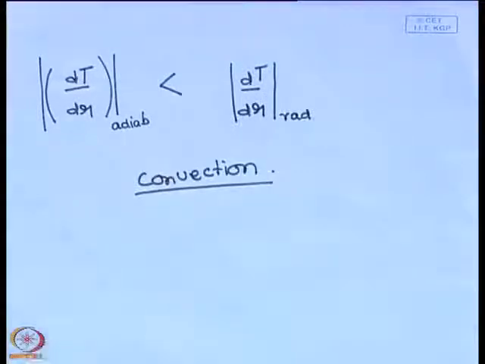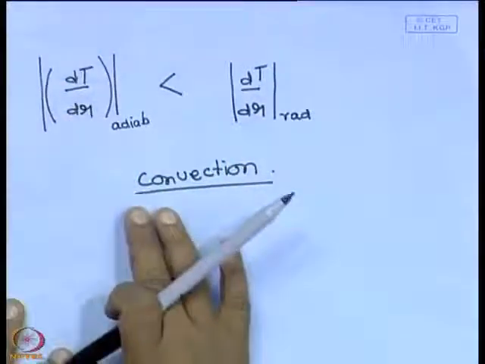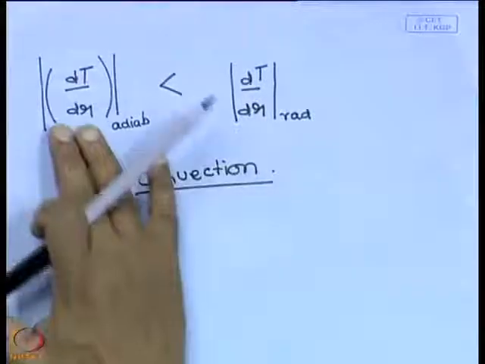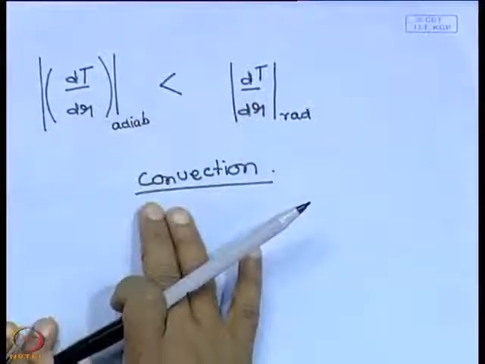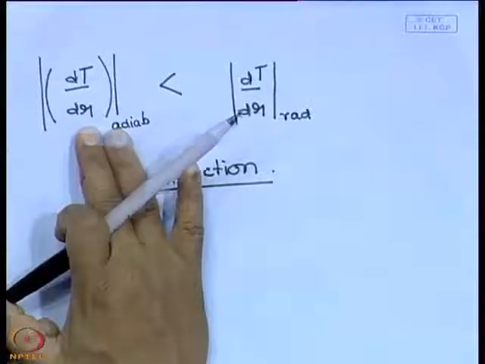Convection is a more efficient energy transport mechanism. And if convection sets in, then it wins, it takes over. Once this condition is satisfied, convection becomes the dominant energy transport mechanism.